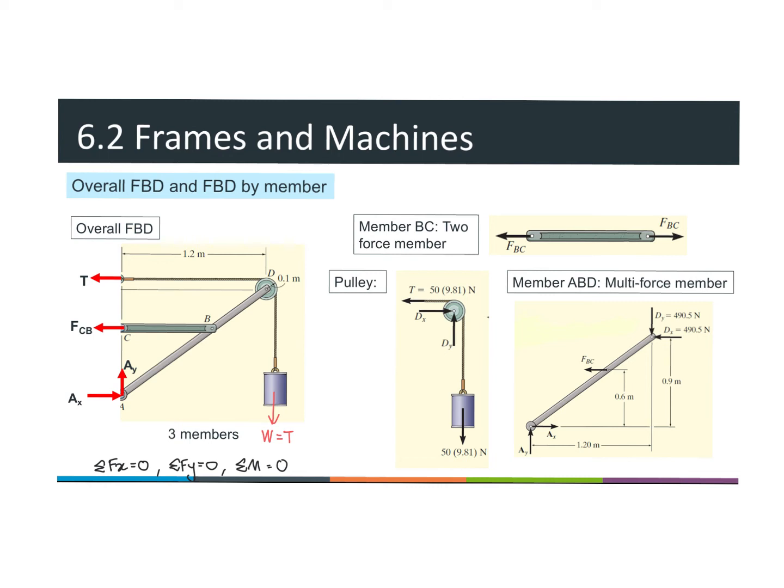When we have more than three unknowns, we cannot solve the problem, right? We have to look at the other FBDs of the other members. Other than that, we also can come up with the FBD for the pulley, the FBD for the two force member, as well as the FBD for the multi-force member.